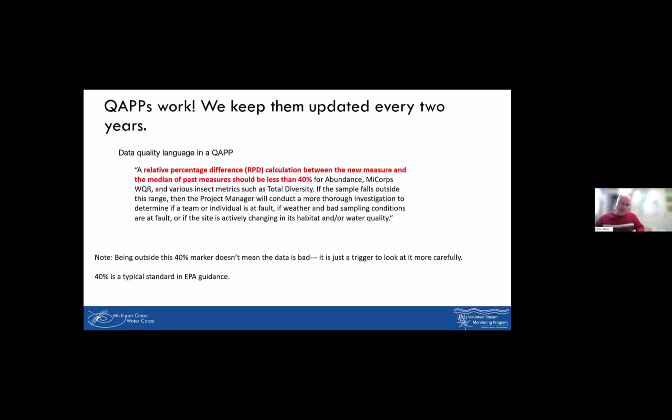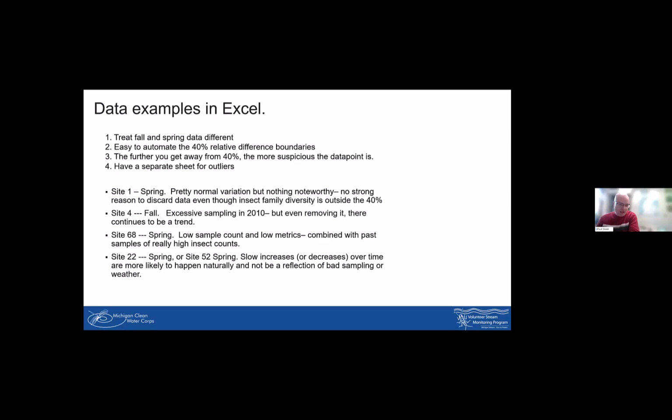It says here in the rest of the paragraph. What it really means is that it's a trigger to look at the data more carefully to make sure it was collected properly. That 40% number allows for a lot of up and down variation, but when you have something that's really far off, that's a trigger for you to look at it more carefully. So let's take a look at some examples of how I do that.